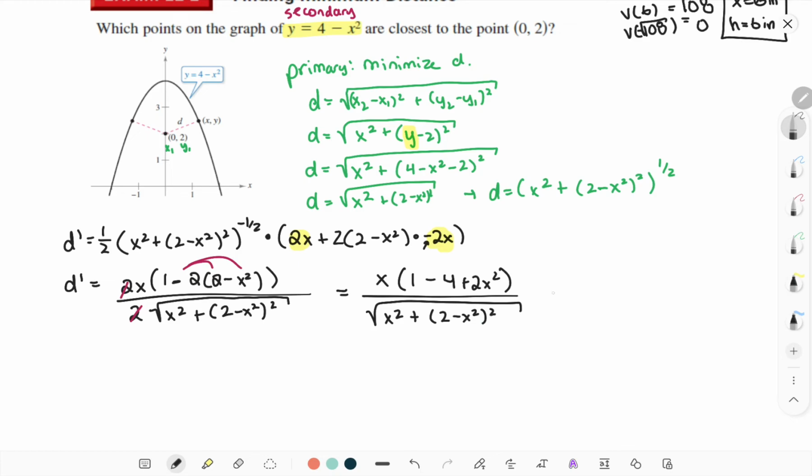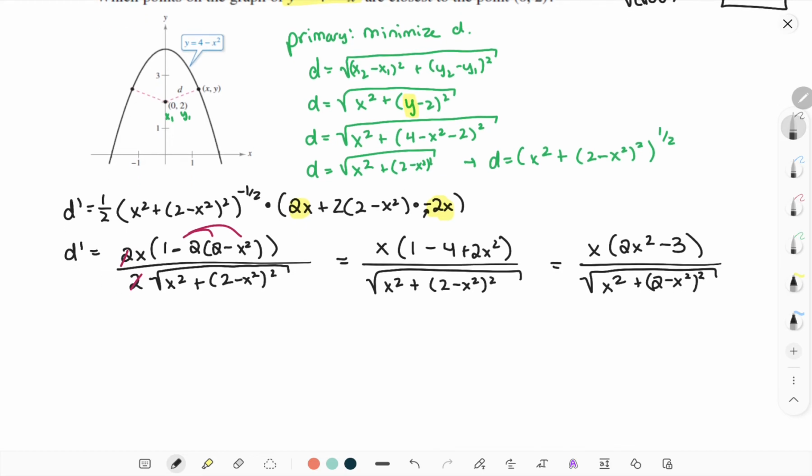And then lastly, simplify that top a little bit. It's going to be x times 2x squared, because that's positive, I'll write it first, minus 3, because I have 1 minus 4, over the square root of x squared plus 2 minus x squared squared. And there's my derivative.